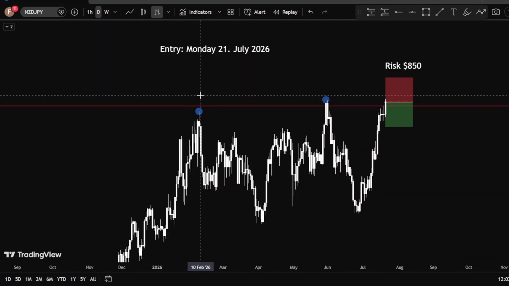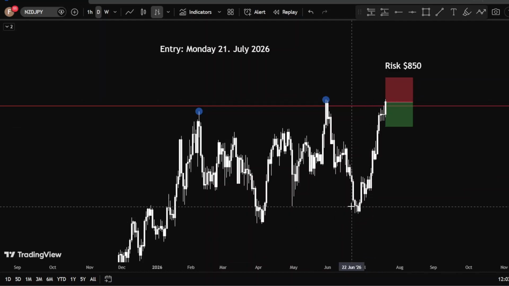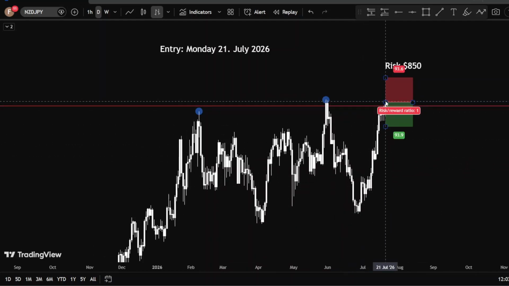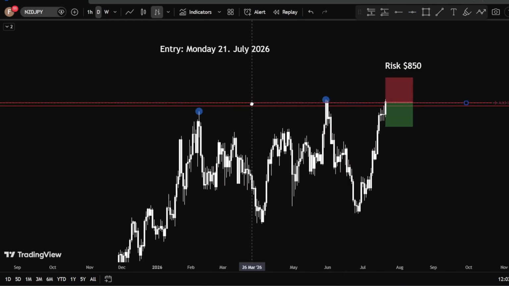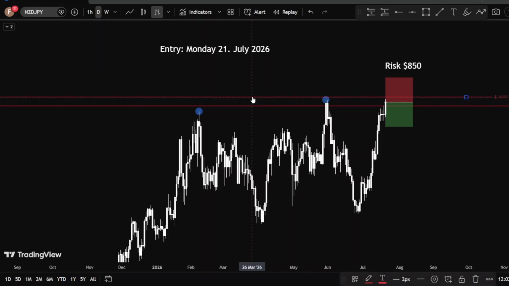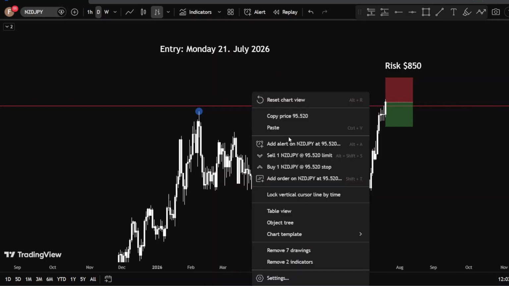So price came up here, it started to bounce again, it starts to bounce here. The only thing I'm looking for is that it will potentially have a bounce here as well. So that's when, before price came in here, I placed the red line. I did place it right here, like you can see, and I placed an alert.